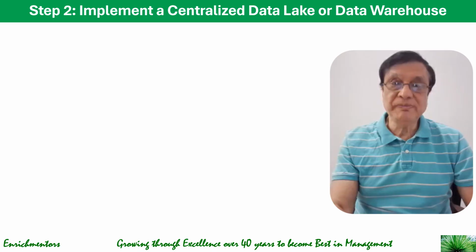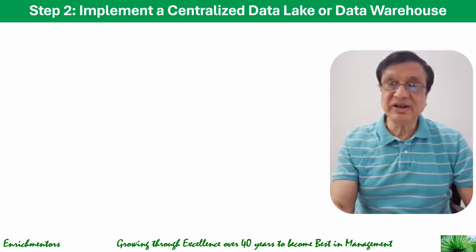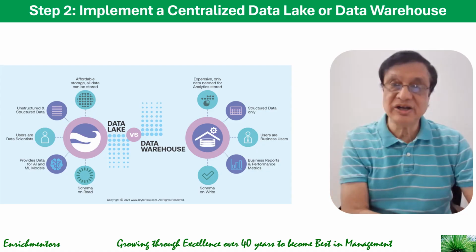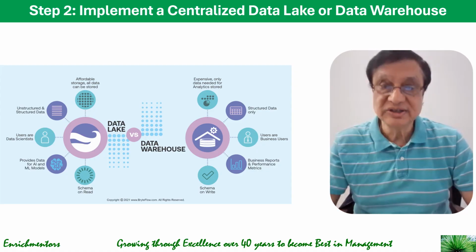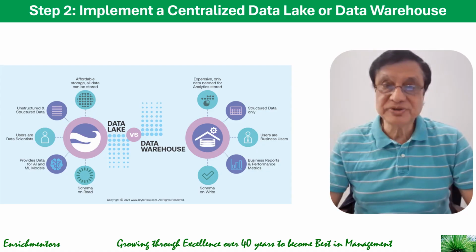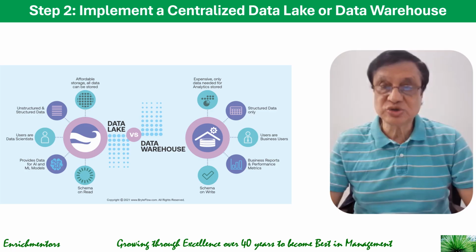Second step would be to implement a centralized data lake or data warehouse. A data lake or data warehouse helps consolidate data from multiple sources. Now, what are the various options that you have? In data storage models, you have data lakes like AWS S3 and Azure Data Lake that store raw data, whether it is structured, semi-structured, or unstructured. Data lakes are ideal for big data and machine learning, and they support multiple formats like JSON, Parquet, CSV, Avro.